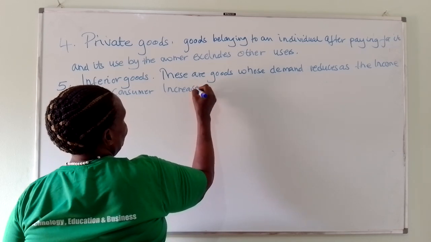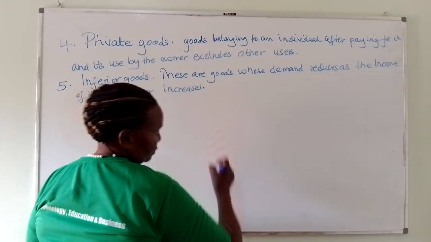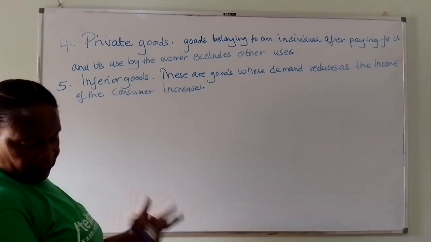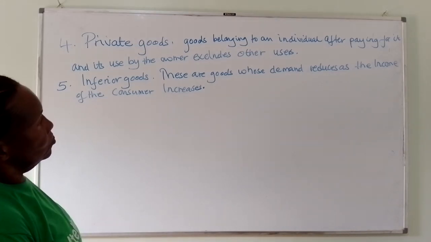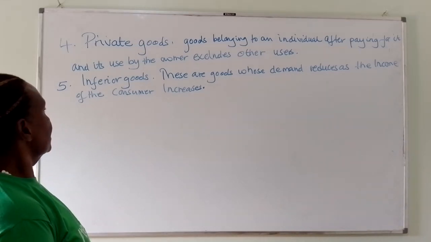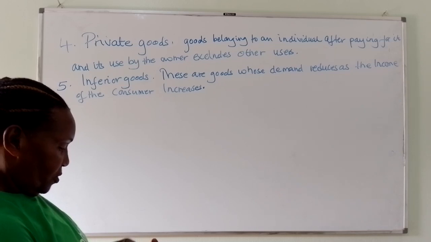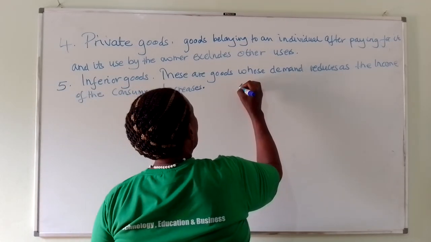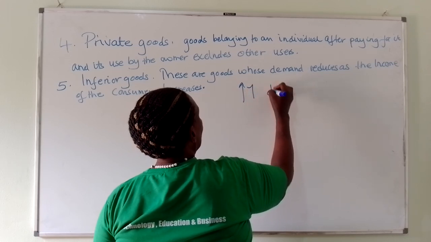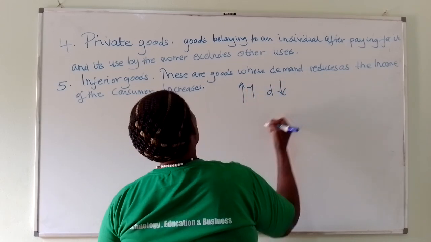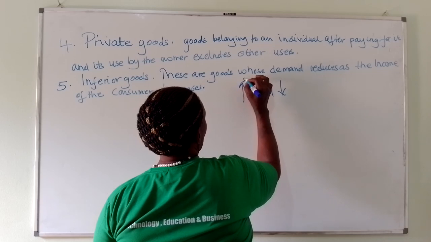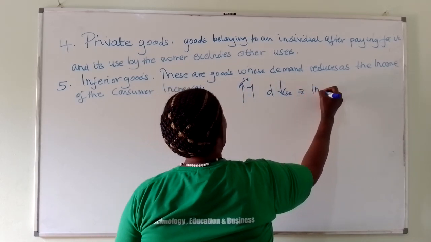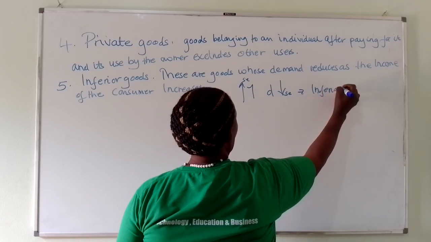The moment you become rich, they become almost meaningless to you as your wealth or as your affluence increases. So these are goods whose demand reduces as the income of the consumer increases. So here we have an increase, here we have a decrease, and this is what happens with inferior goods.